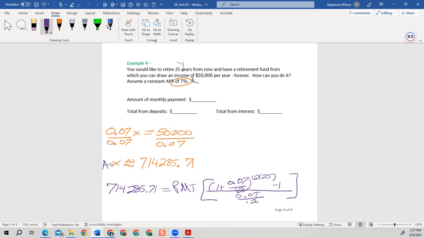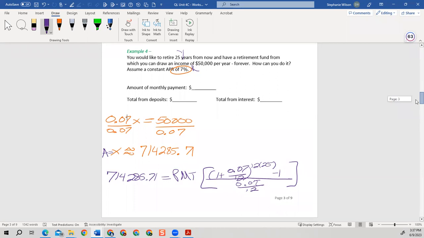Again, if you want to move that whole parentheses, you can. I'm going to get it in number form and then move it. So I have 1 plus that fraction, 0.07 divided by 12, raised to 12 times 25, subtract 1.